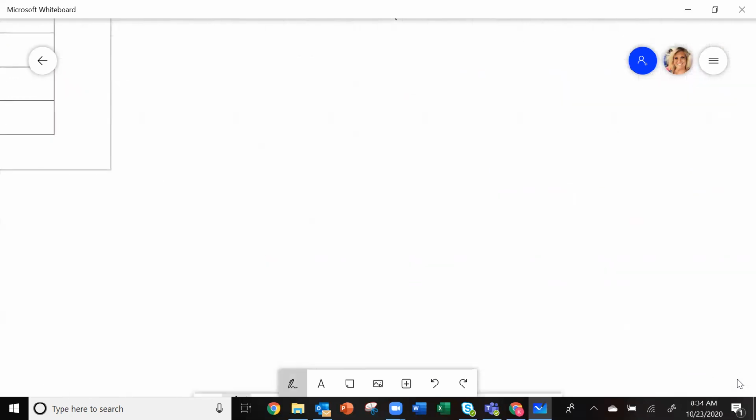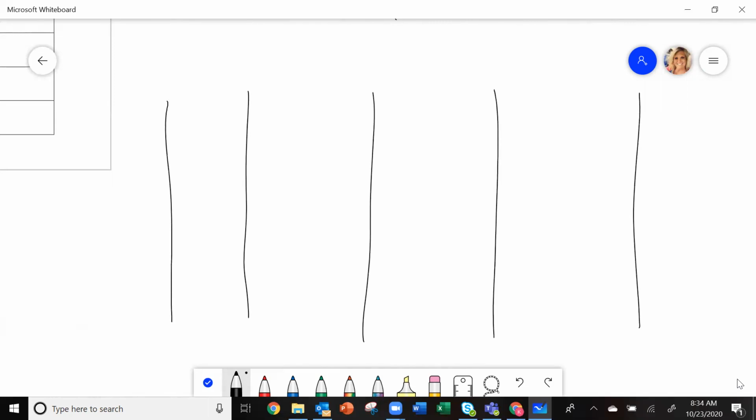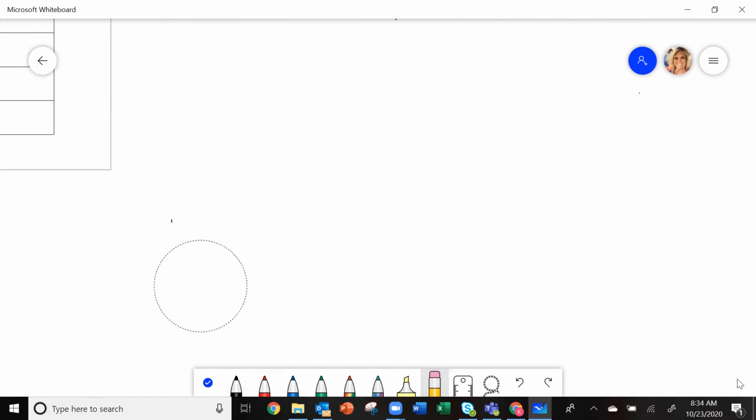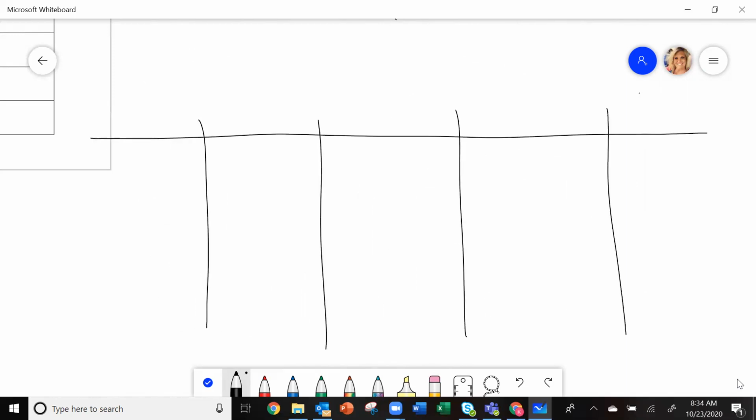I'm just going to make it a little bit easier to see. Well, didn't spread it out very well, did I? 1, 2, 3, 4. And right here we had greater than or equal to, less than or equal to, and equal to.